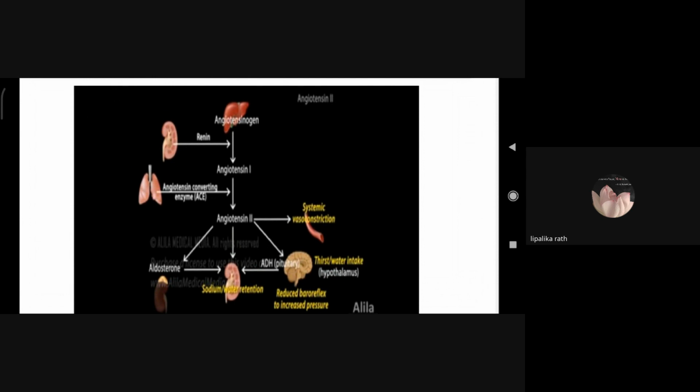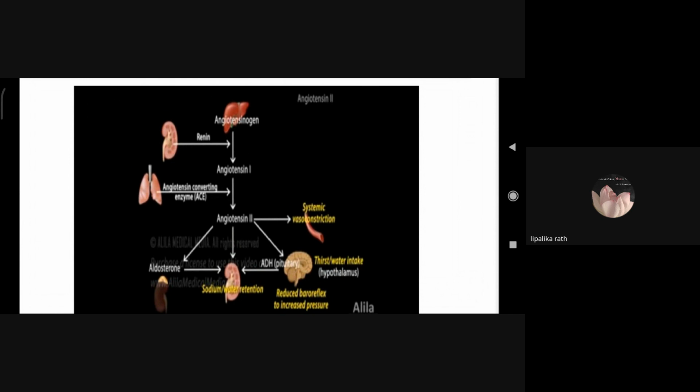And both these hormones promote sodium retention in the kidney. Means sodium from the blood will not be filtered out from the kidney.